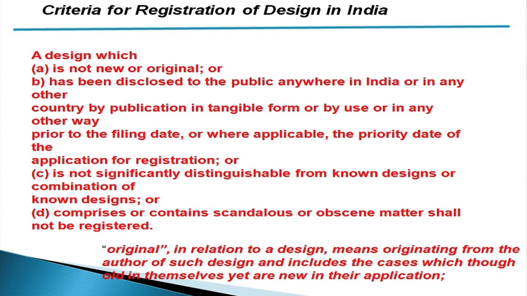If I ask whether it is original, definitely you will answer yes, it is original, because it originated from the author, who got the idea of applying the Royal Bengal tiger pattern on the bag itself. So definitely it is original, but the criteria they suggested is new and original. So the law explains it by taking the conjunctive, that is the and part.